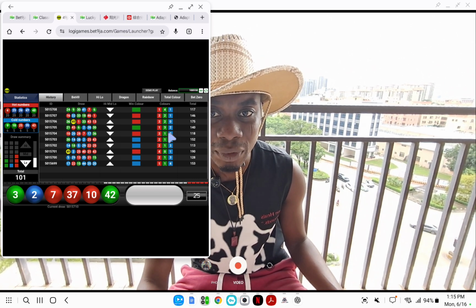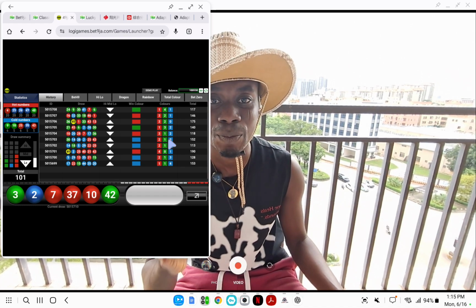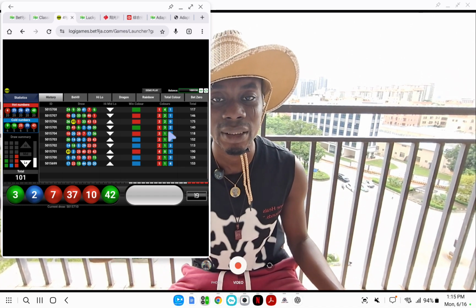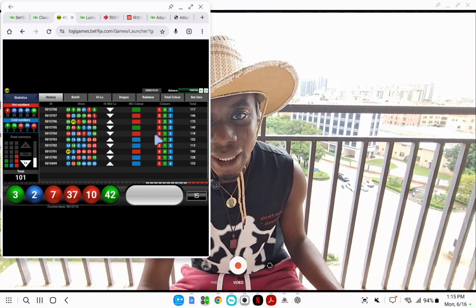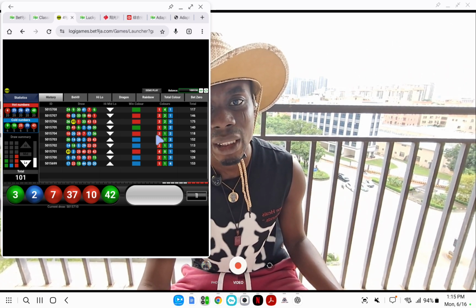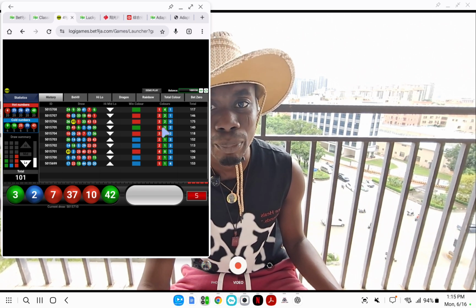And once it breaks from this column, the expected column for it to appear next is the red, and it appeared here. At this point we're expecting it to appear on the green, which it did here. Then here we are expecting it to appear on the blue.